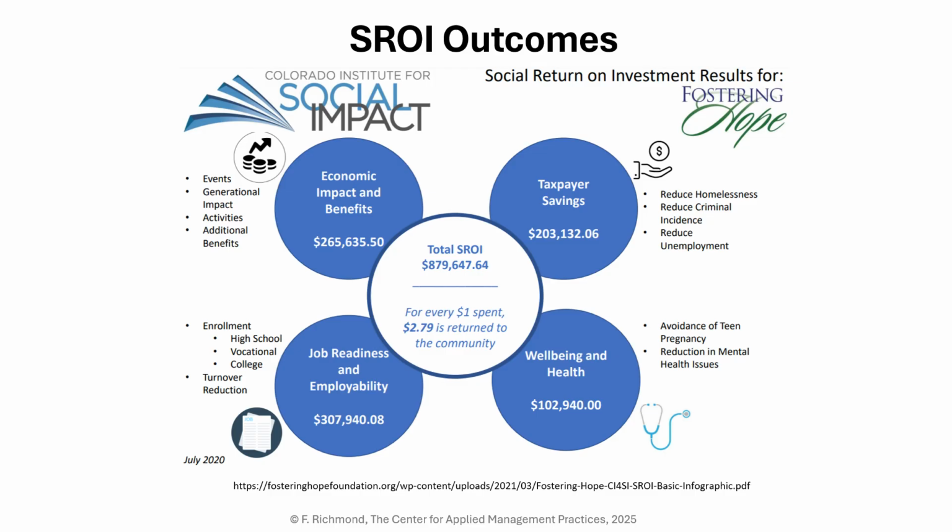And they have a total return on investment. What they're saying is for every $1 spent, we return $2.79 in actual value to the community, savings, okay? Does everyone understand the concept here? Again, you'll see how we do some of the calculations, but this is the big picture. This is the summary document after you've shown all the materials and you want to go ooh, ah, and things like that.